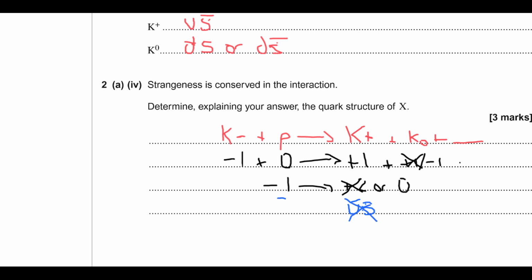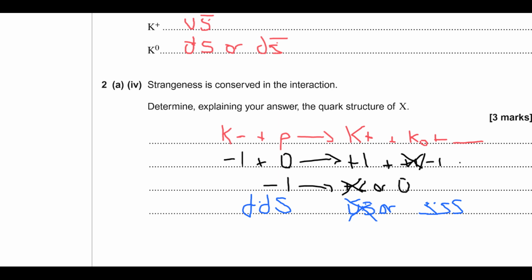So we know it contains a strange quark with a charge of -1/3. We need it to be a whole third, so we're going to stick in 2 downs in order to give that. Or actually, we could start with a strangeness of +2, which would reverse what I talked about before.